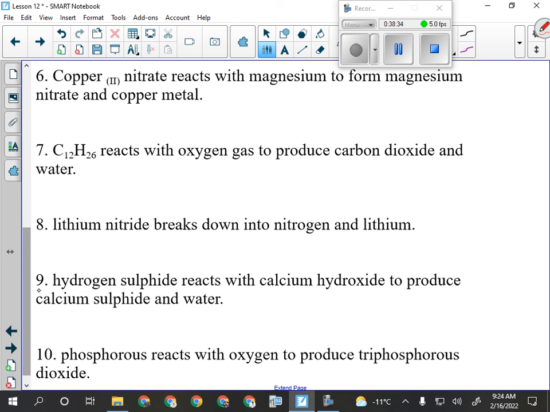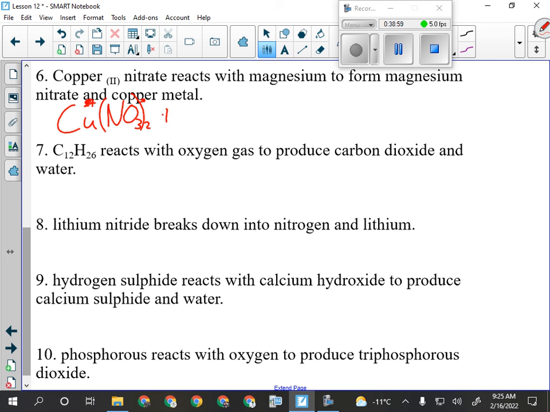All right, so copper(II) nitrate. Is that an ionic compound or a molecular compound? It's ionic, so I follow my ionic rules. I write the metal and its charge, 2+, the non-metal, in this case a polyatomic ion, and its charge, and then I drop and swap. There's my copper(II) nitrate.